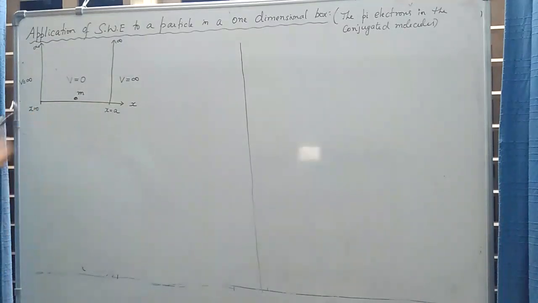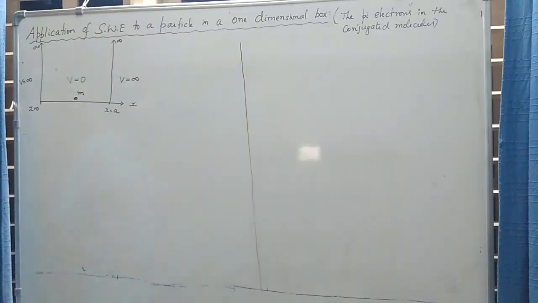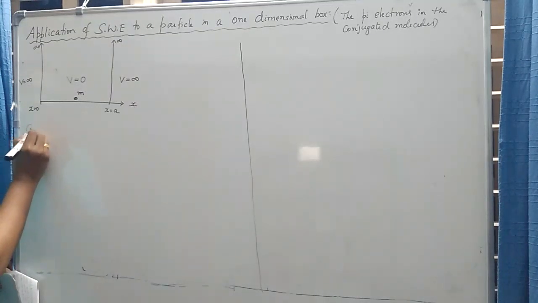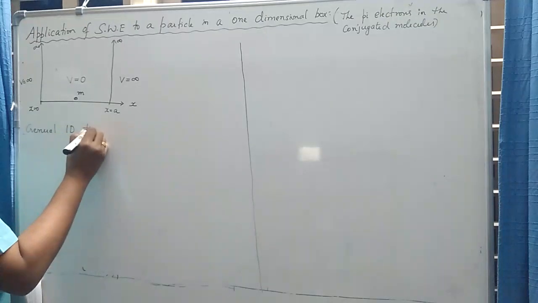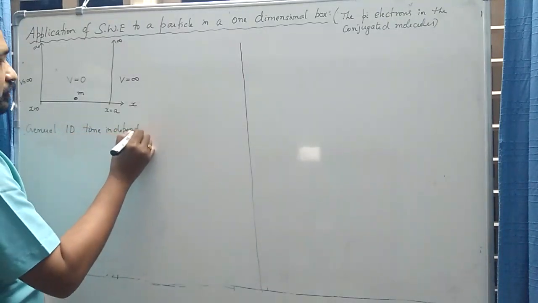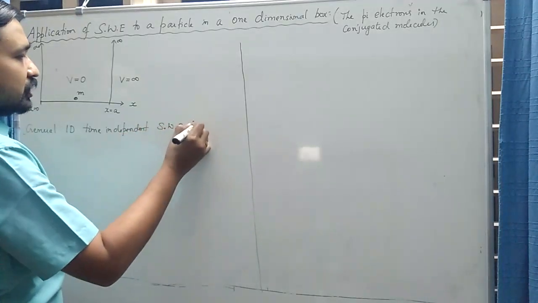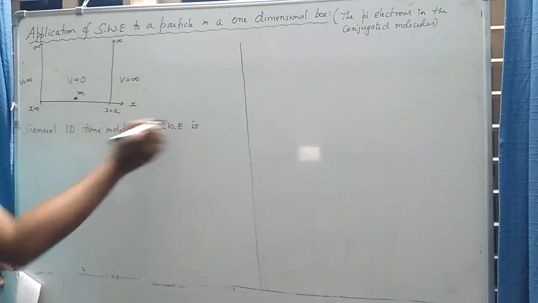Since this is a one-dimensional problem, because the particle is traveling only in one dimension, we have to use the one-dimensional Schrodinger wave equation. So let us begin with the general one-dimensional time independent Schrodinger wave equation.